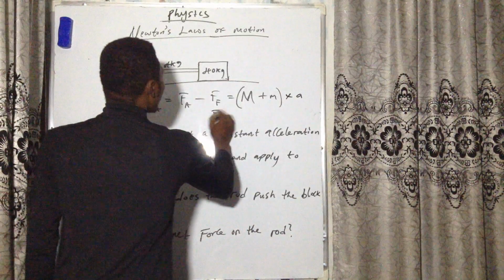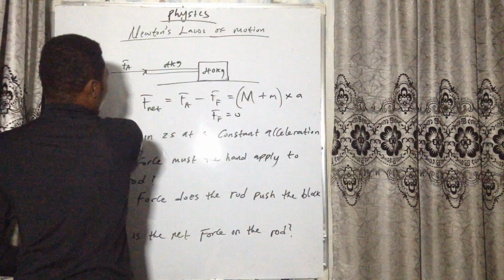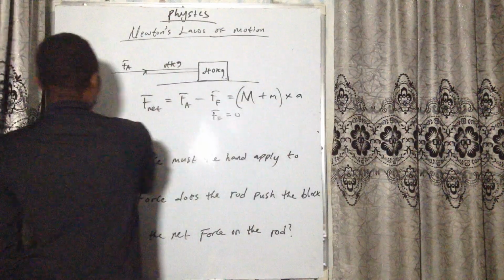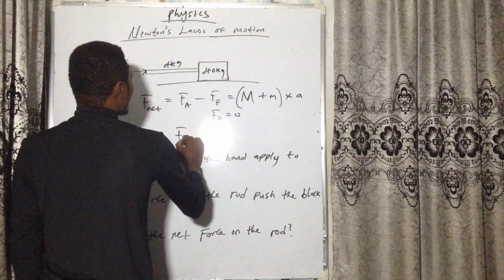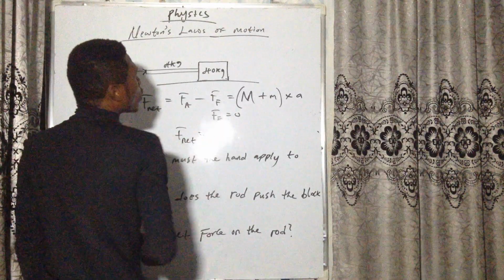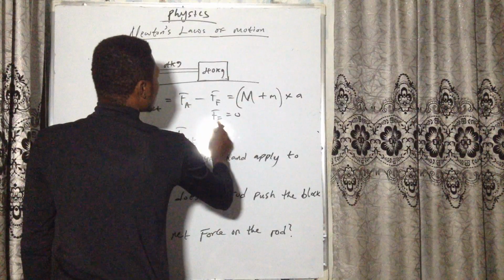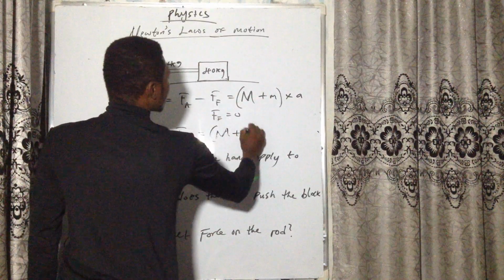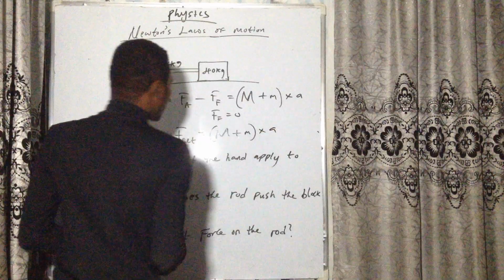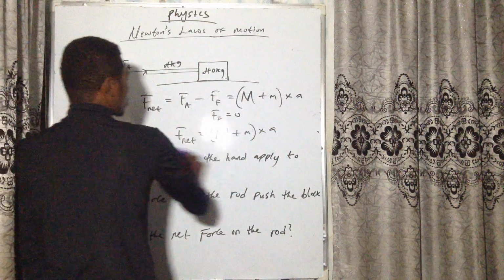Since Ff is equal to 0, we now have that F net, the net force, is now equal to the bracket capital letter M plus small letter m times a. Yes, this is the net force.